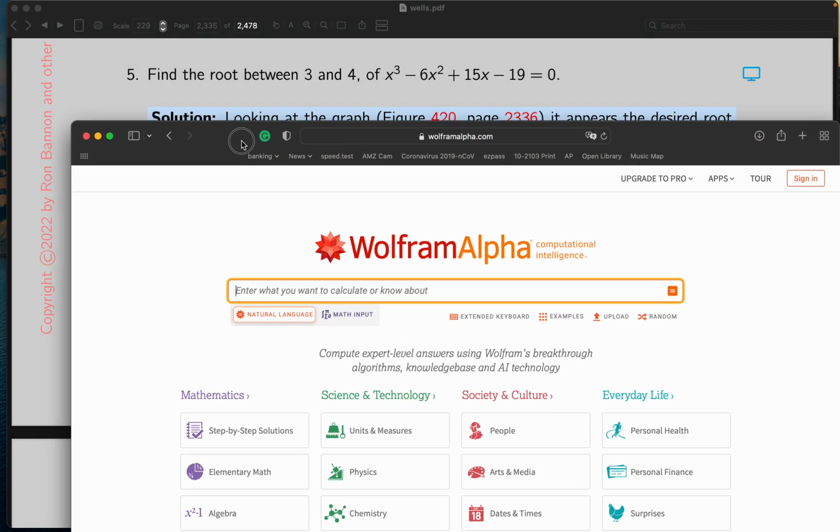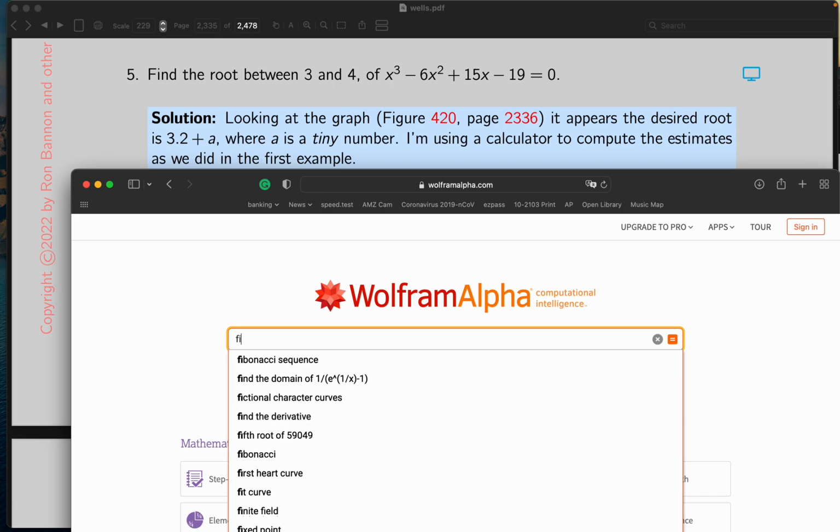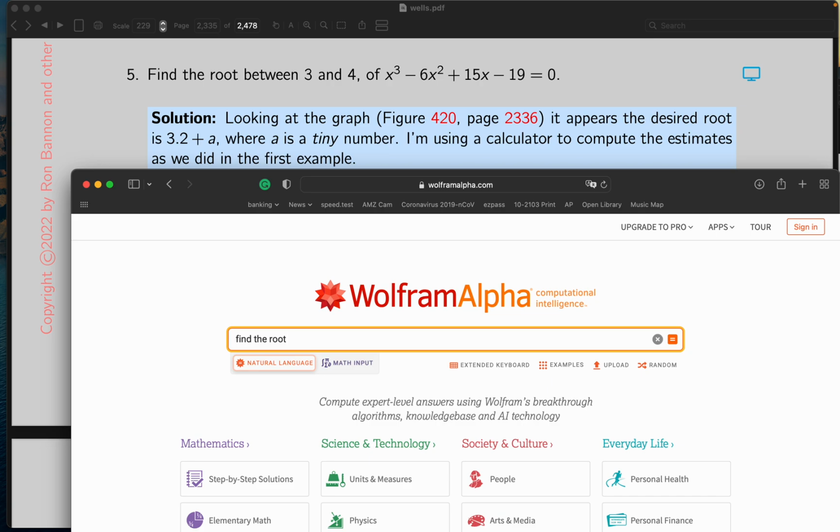I'm going to use natural language. Find the root of x cubed minus 6x squared plus 15x minus 19, and I'm going to say near 3. Now granted, this is natural language, and I'm not sure how it's going to interpret my expression. If it doesn't interpret it the way I want, I'll have to retype it.